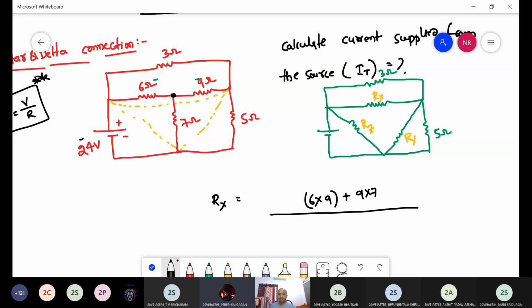Yeah, that's what I'm telling. So here in the numerator, multiply with each other. In star to delta, in the numerator, multiply with each other. One second, guys.